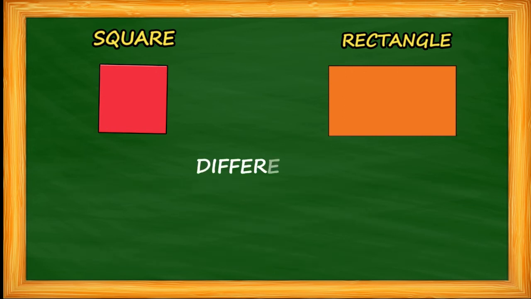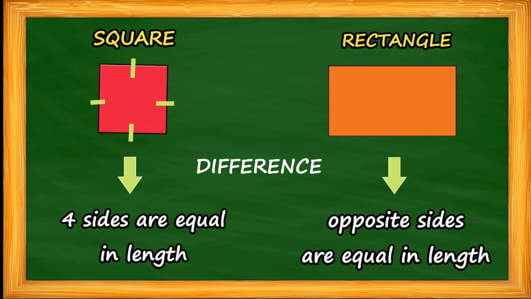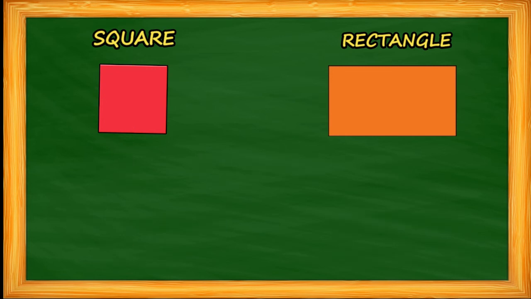How about their sides? Notice that the sides of the square are all equal, while in a rectangle, not all sides are equal. Only the opposite sides are equal. It means that the difference between square and rectangle is their sides.